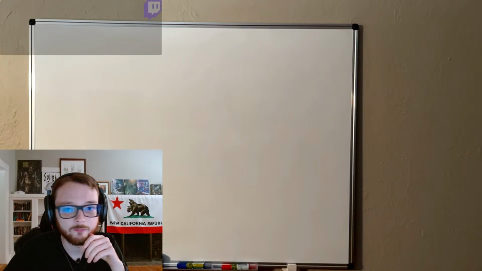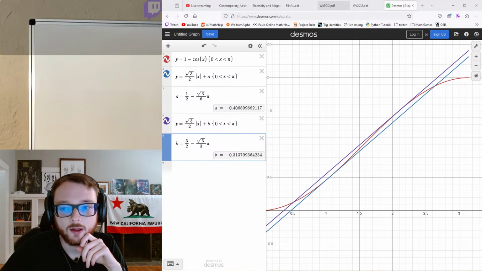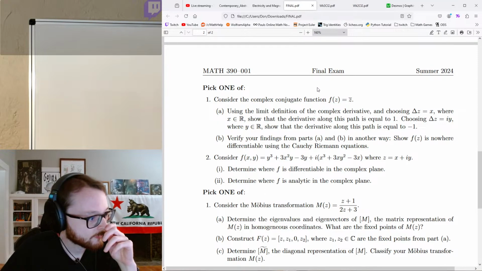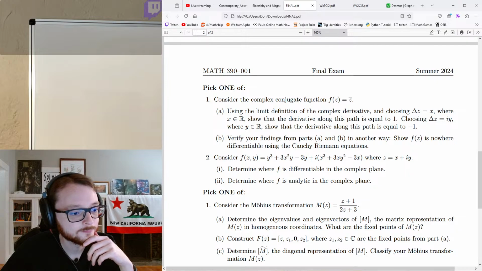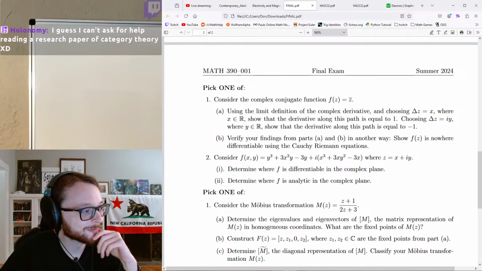Okay, I'm not seeing anything from that person. So back to doing Penn Center's complex variables. Can't be operating on a research paper of category theory? No. I would be worse than useless there.